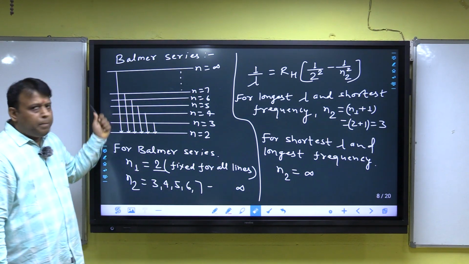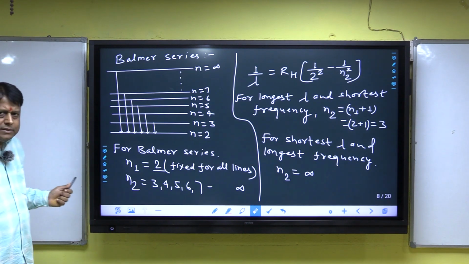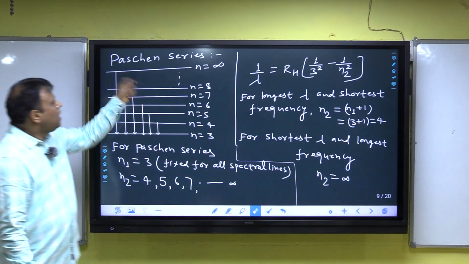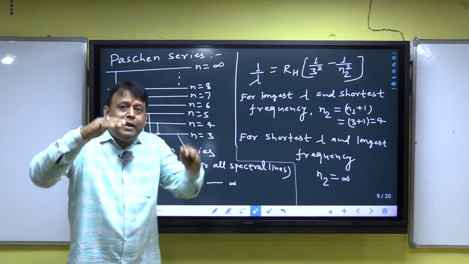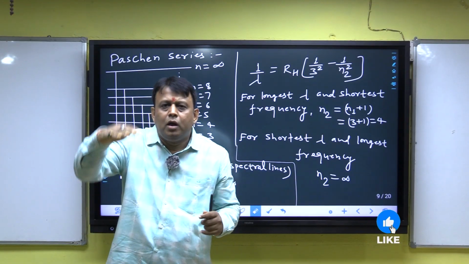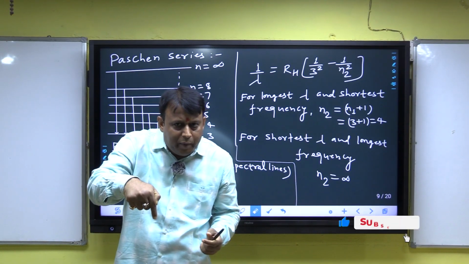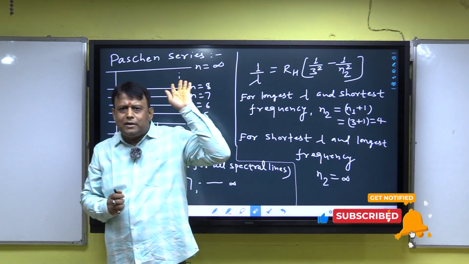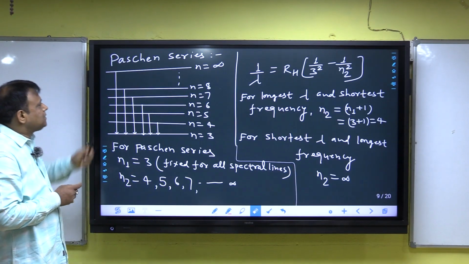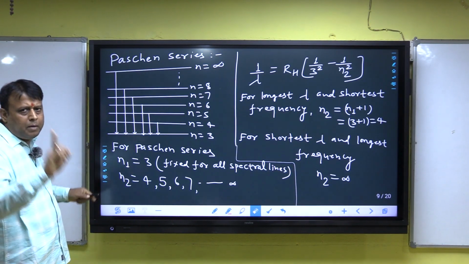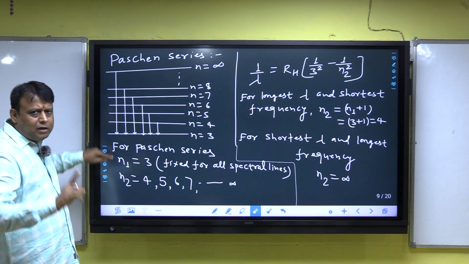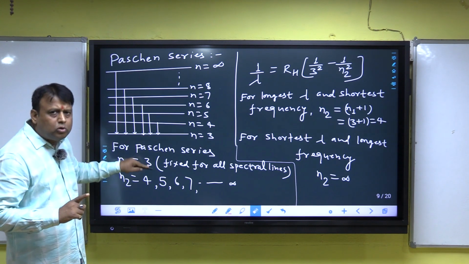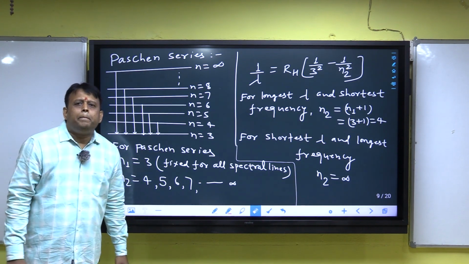It is Balmer series. Now I will discuss the third, Paschen series. Listen, when an electron falls from some higher orbit to the third orbit, and the third orbit means second excited state, infinite to third orbit, eighth to third, seventh to third, sixth to third, fifth to third, fourth to third, it is called Paschen series.